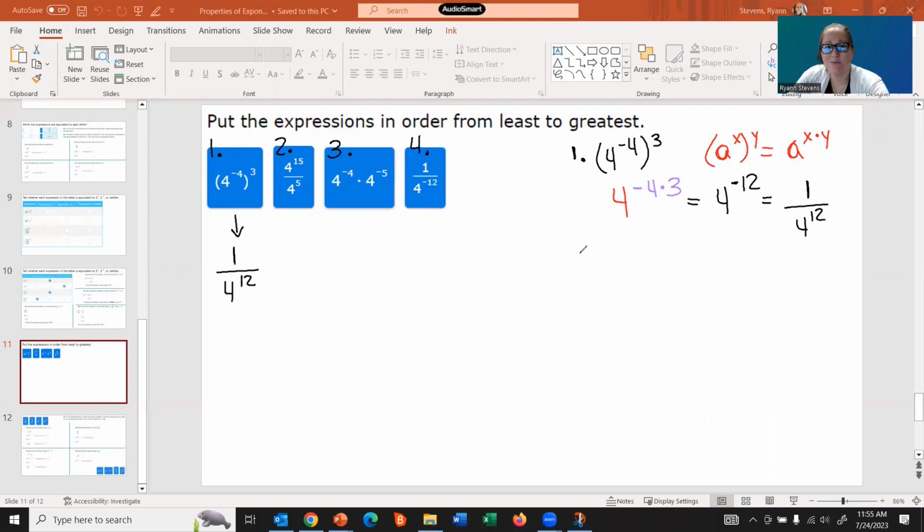All right, and then the next one we have is going to be 2, which is 4 to the 15th power over 4 to the 5th power. So when we look at our laws of exponents, this is going to be that dividing powers law, where we have a base, say x to the x power, and then we have a base to the y power. And so what we can say is we can keep that base the same and take those exponents and subtract them.